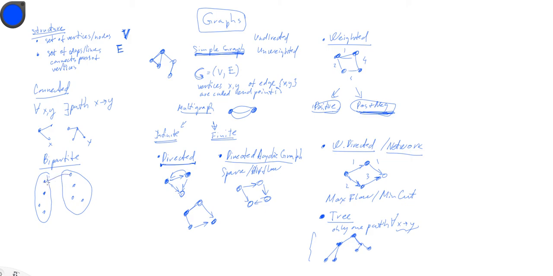All the edges will be external, like that, for instance. There is a special case of bipartite graph, which is a connected bipartite graph, where all the edges are connected. Okay, I'll continue in the next video.